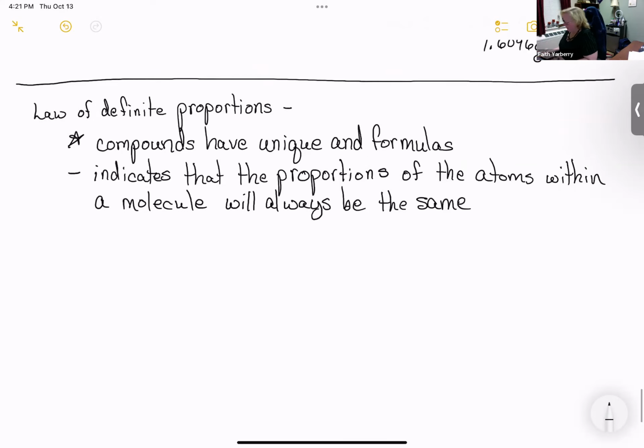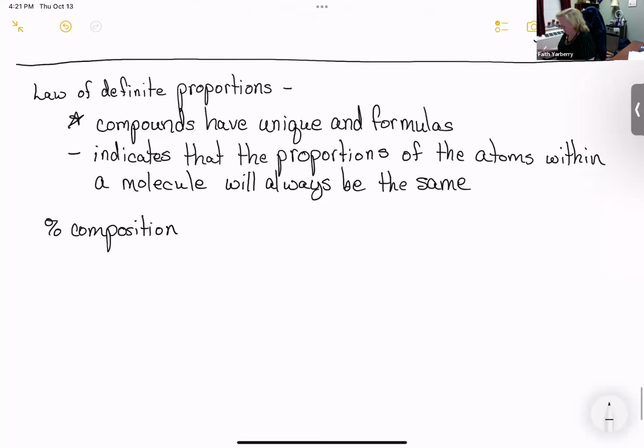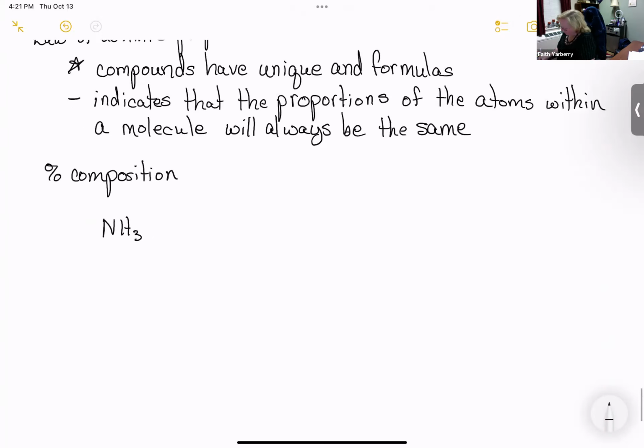To illustrate this, basically we can illustrate this through percent composition. So to illustrate it, I want to take the compound ammonia. Ammonia by its formula has 1 nitrogen and 3 hydrogens. Ammonia will always have 1 nitrogen and 3 hydrogens. It doesn't matter where you get the ammonia.